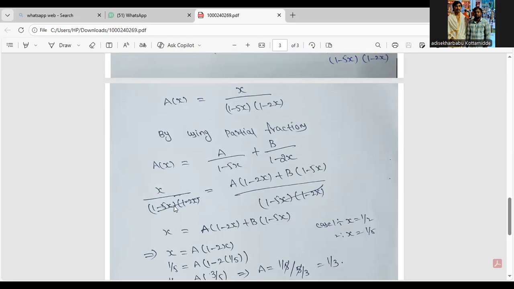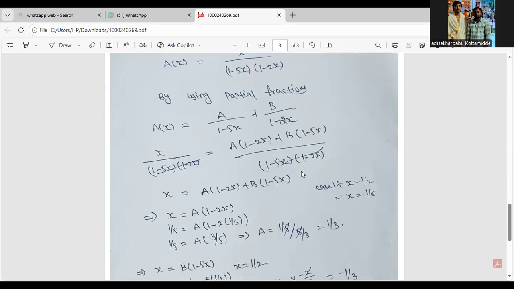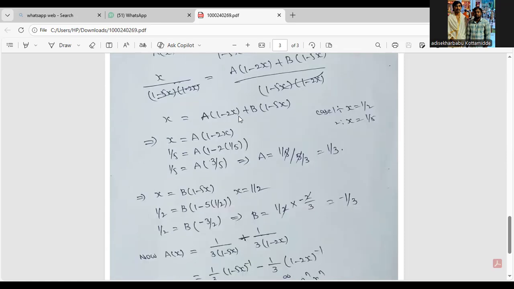Here A(x) = x / ((1 - 5x)(1 - 2x)) and cross multiplication gives A(1 - 2x) + B(1 - 5x) over (1 - 5x)(1 - 2x). The denominators (1 - 5x)(1 - 2x) cancel on both sides. Finally, x = A(1 - 2x) + B(1 - 5x).